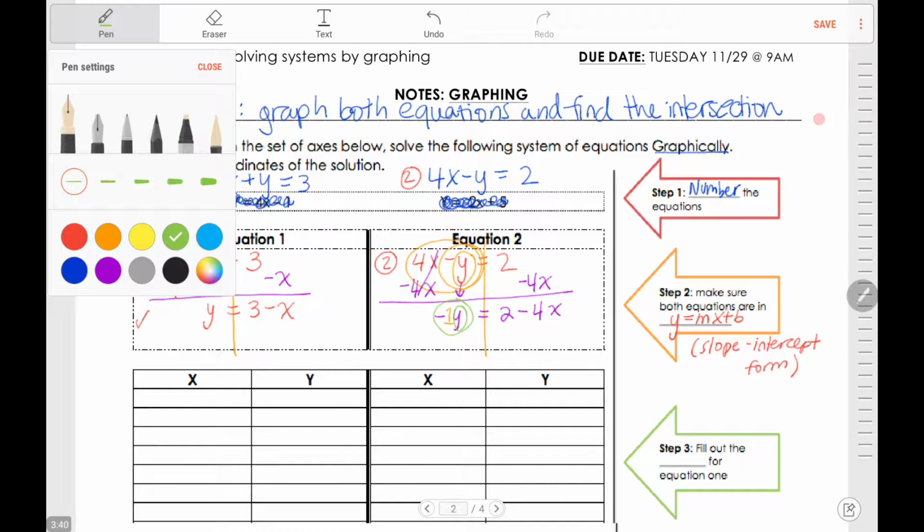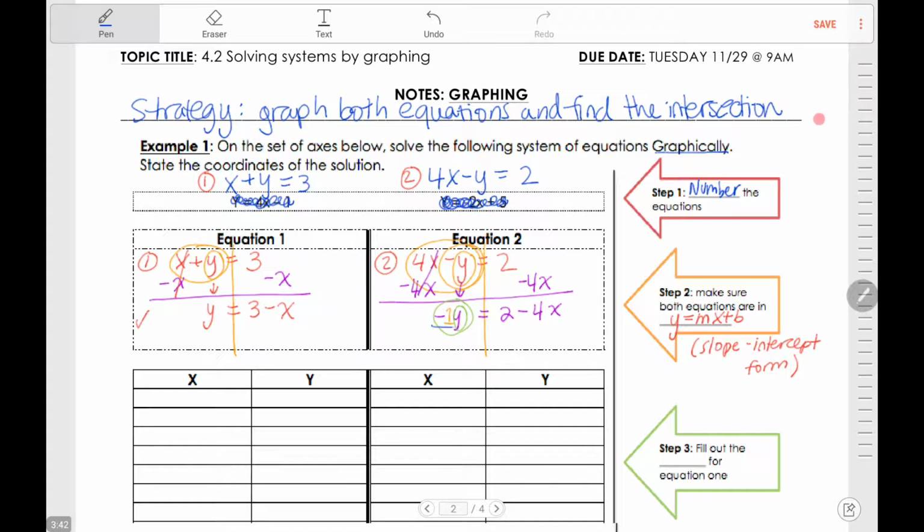I need to divide by negative 1 on both sides, on every single term. And then I'm left with y equals 2 divided by negative 1 is negative 2. Negative 4x divided by negative 1. I can divide these coefficients. Negative 4 divided by negative 1 is positive 4. And then the x. Great. So now is my equation written in slope-intercept form?